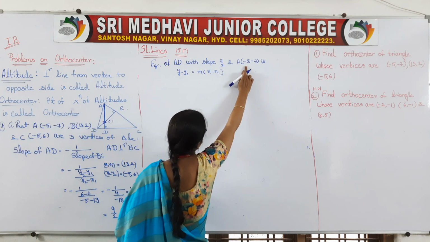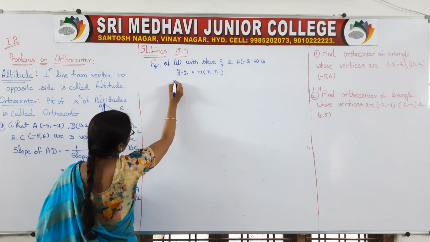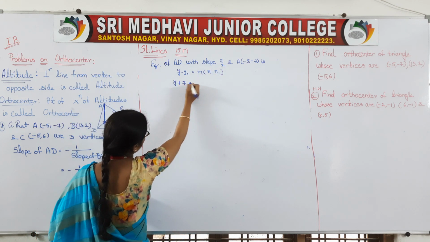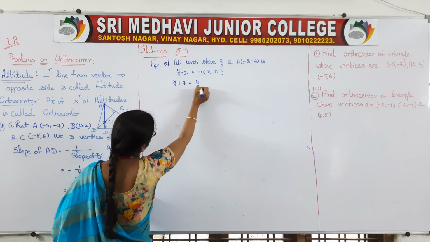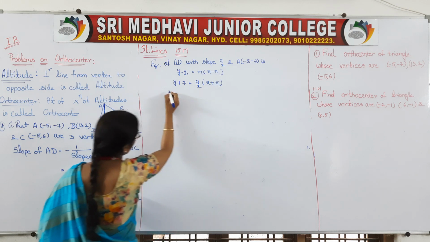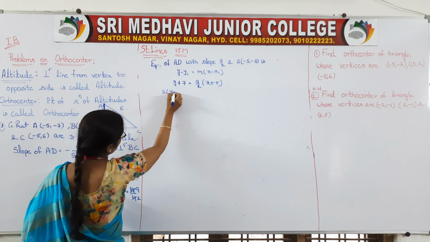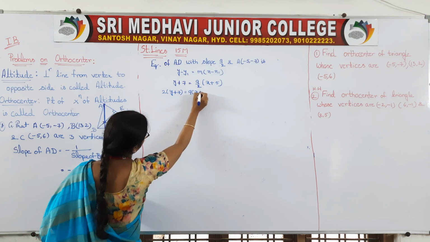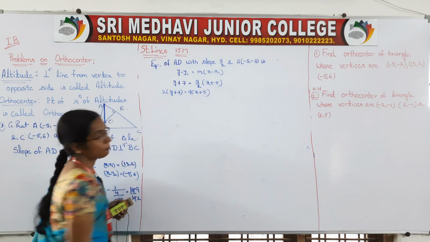You consider this one as x1, this one as y1. So y minus y1, minus of minus, plus 7. m is 9 by 2 into x minus of minus, plus 5. So 2 into y plus 7 is equal to 9 into x plus 5.